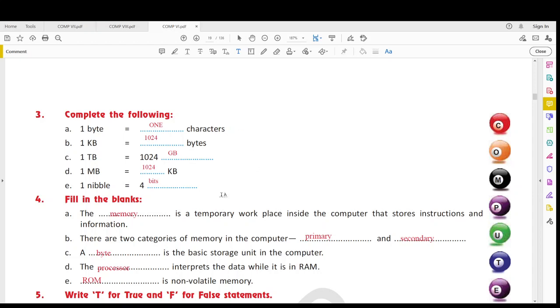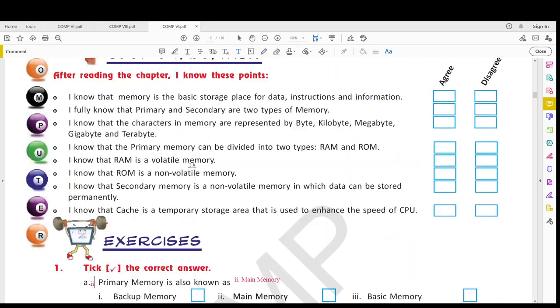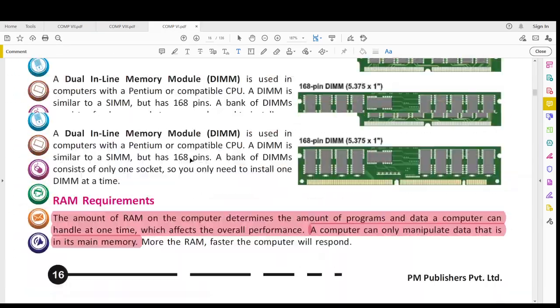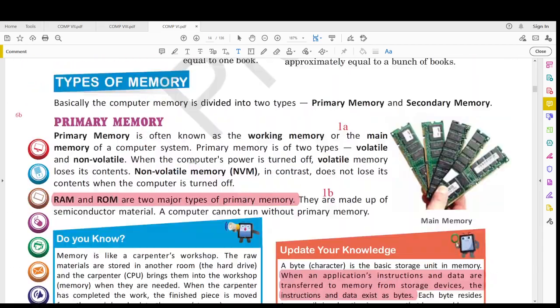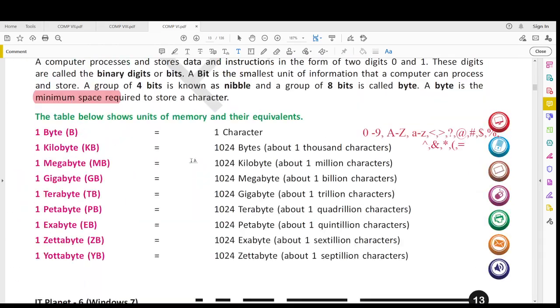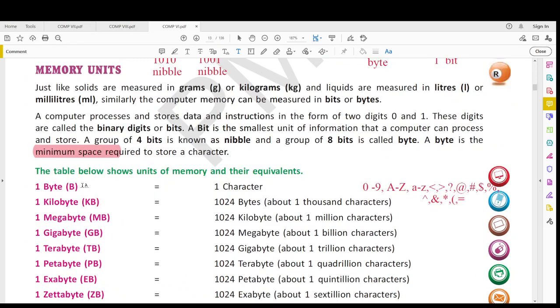Okay. So you will find all this from the second page of the chapter, I think. At the very beginning, the memory units were given. That is page number 13 of your book. Question number 3. Okay.